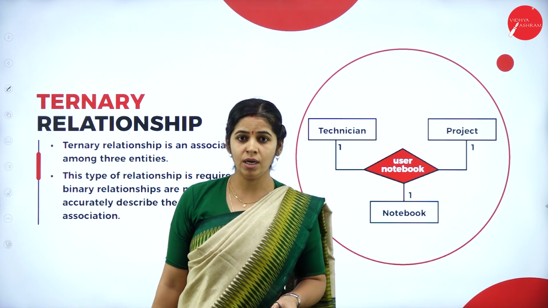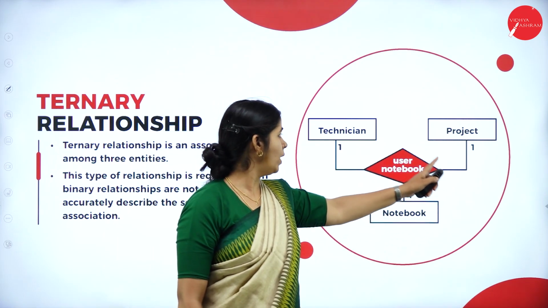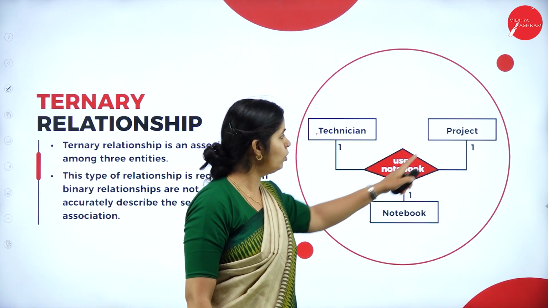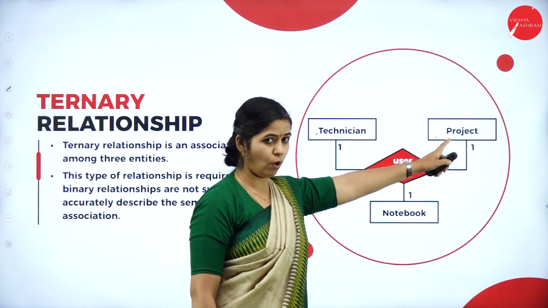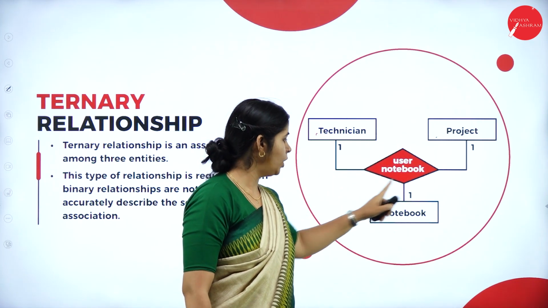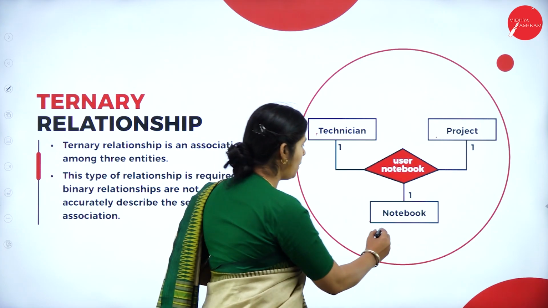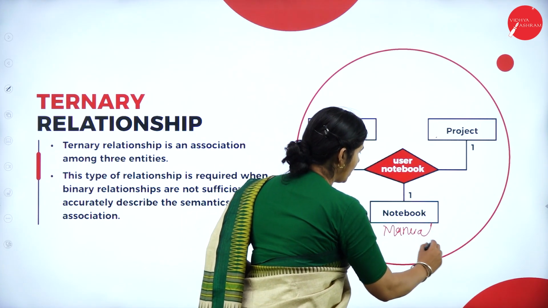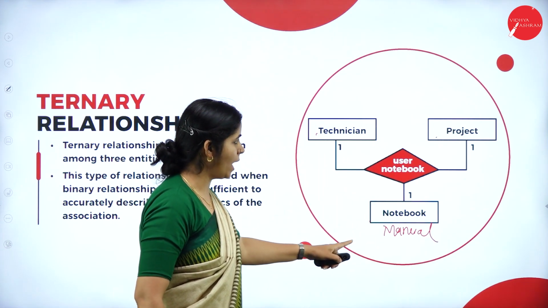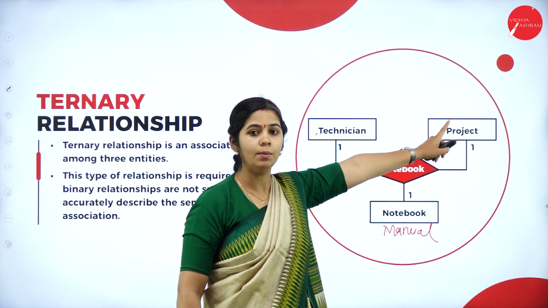Next, ternary relationship, more than two. We have technician, we have notebook, we have project. So, a technician is working for a project. How is the technician working? By using the notebook, or we can say a manual. The technician uses a manual to work on the project.